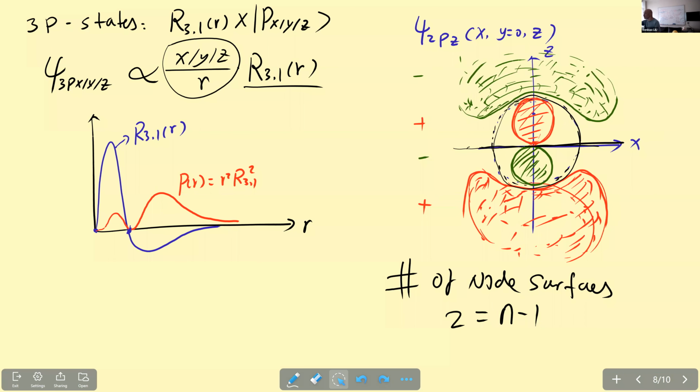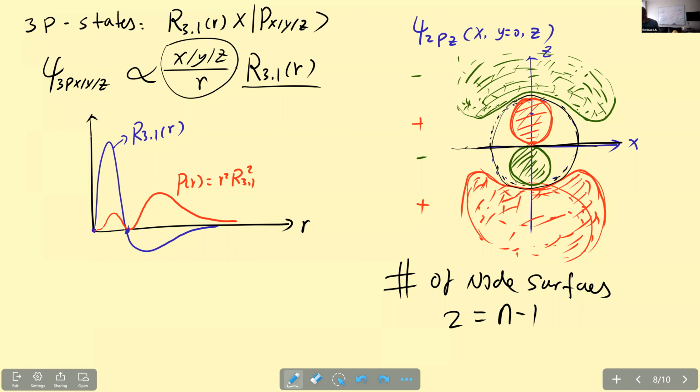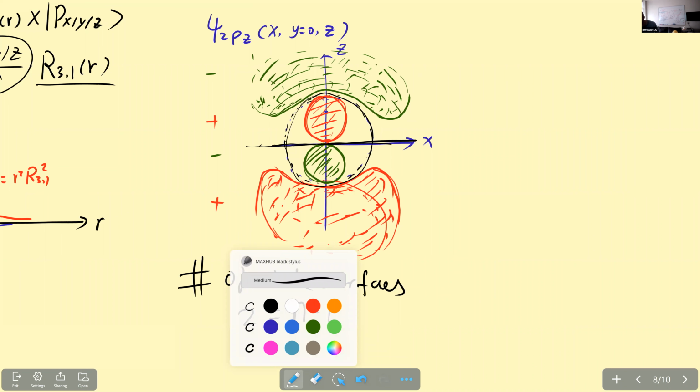Yeah, so you can just do a rotation. If you do a rotation of this figure, for example, you can do a rotation like this one. Let's do it this way.